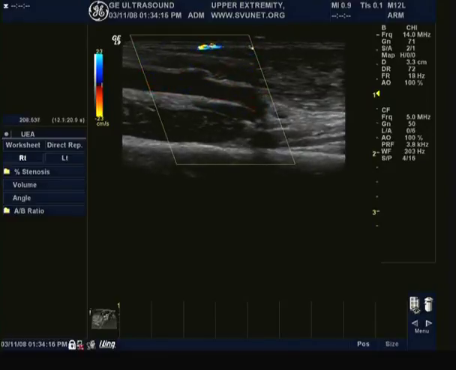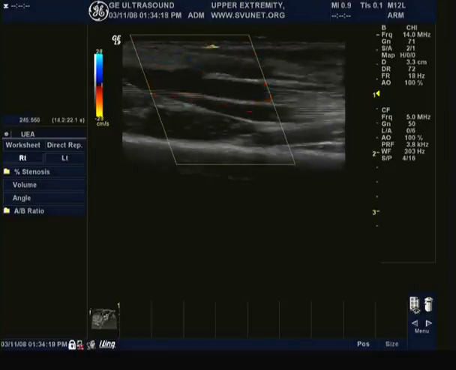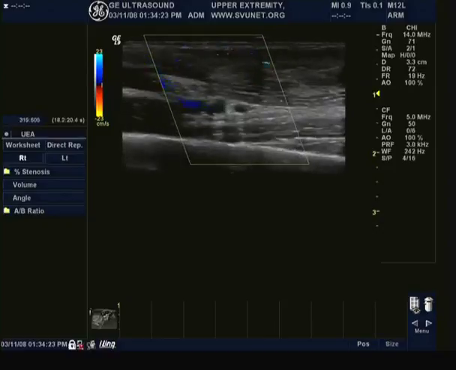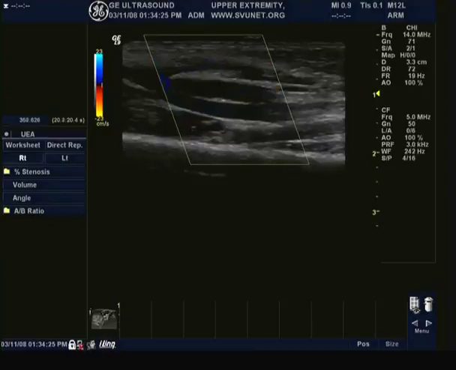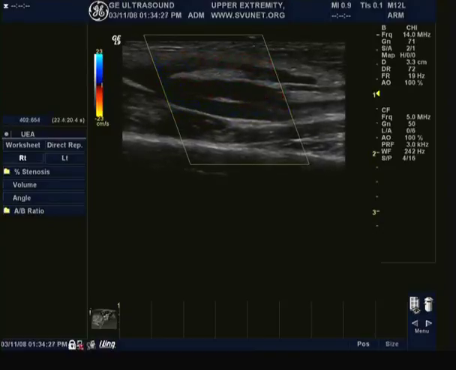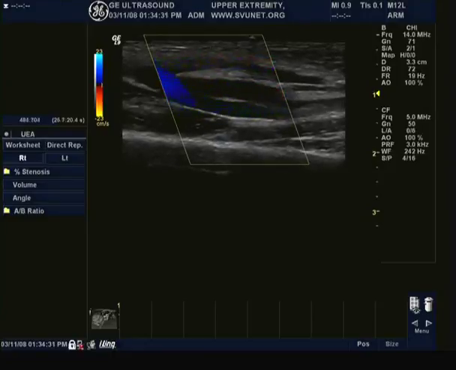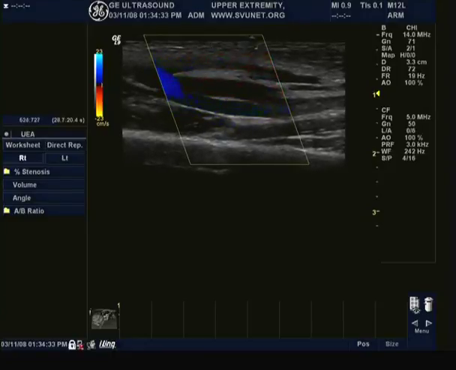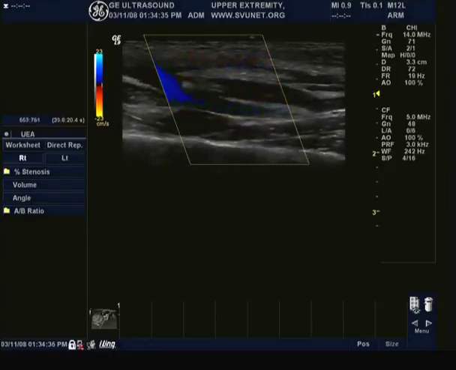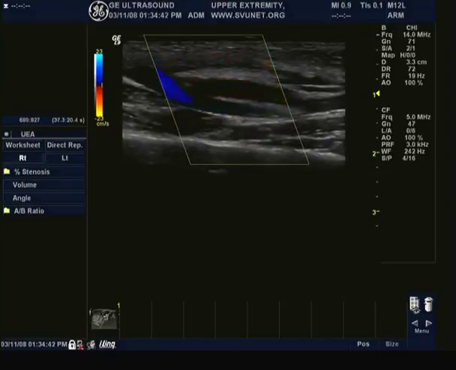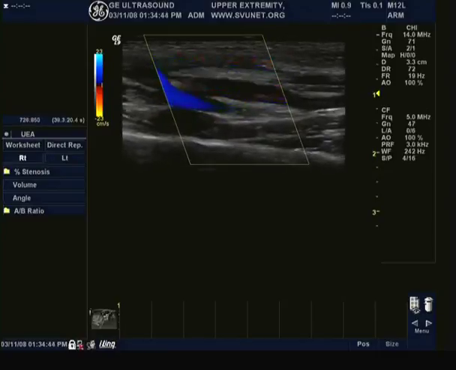So red is away from the transducer, so we expect our arteries to be red right here. And these are the two vessels right here. We're seeing probably a brachial vein on the bottom. We're seeing the radial artery on the top, and the ulnar now just below this in this image.